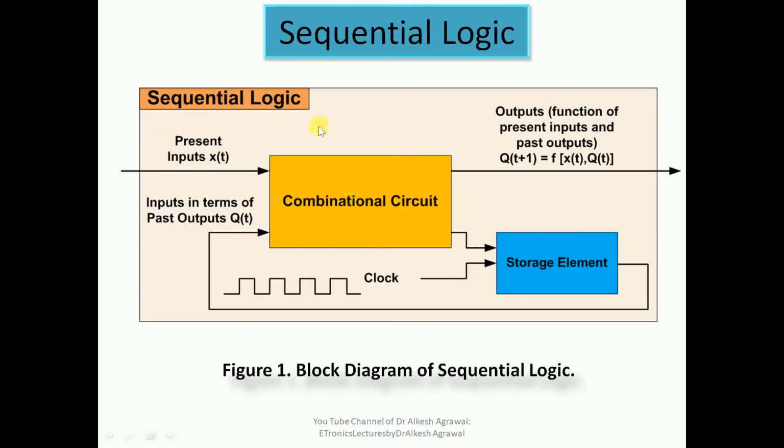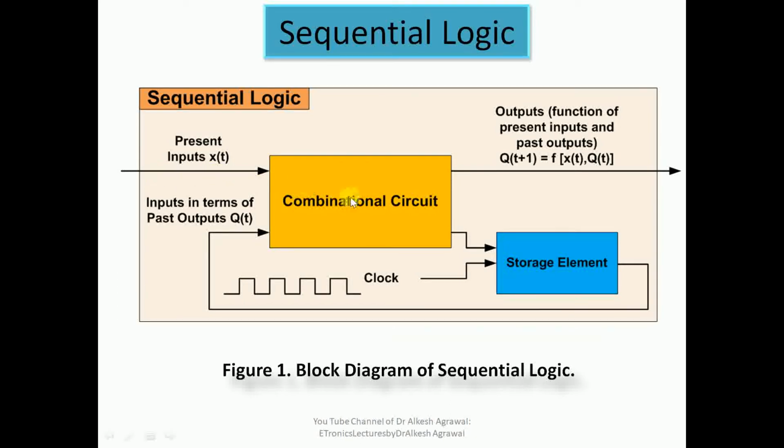Before going into the details of D flip flop, let us briefly discuss sequential logic. In sequential logic, the next output depends not only upon the present input but also on the past output. You can see very clearly in this block diagram that at a particular instant we have present input as well as past output. Where does the past output come from?